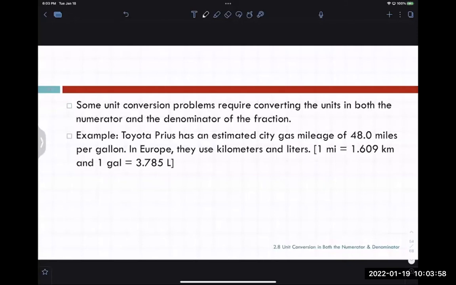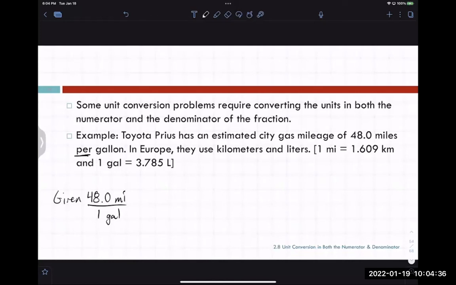So if we have a Toyota Prius that has estimated gas mileage of 48 miles per gallon, again, per meaning divide, given 48.0 miles per gallon. But in Europe, they use kilometers and liters. So if we wanted to convert this, then we need to convert both the numerator and the denominator. It actually doesn't matter which order you do this in.